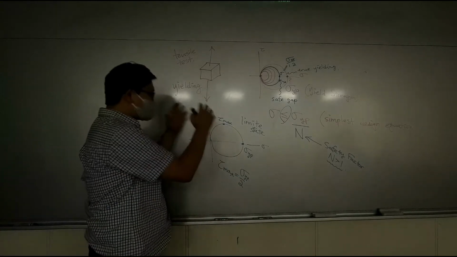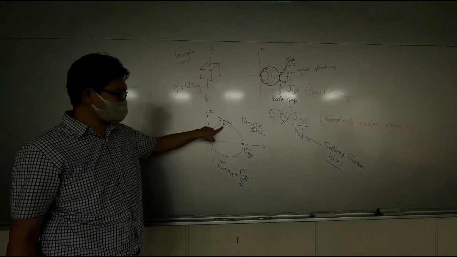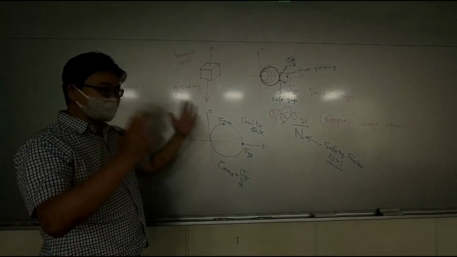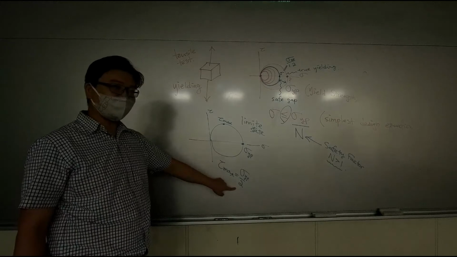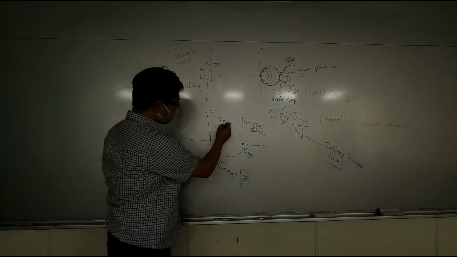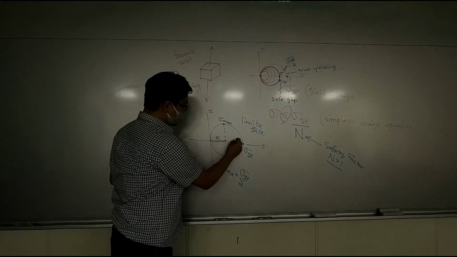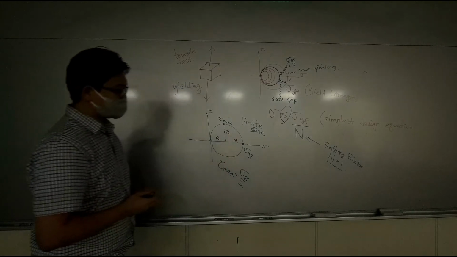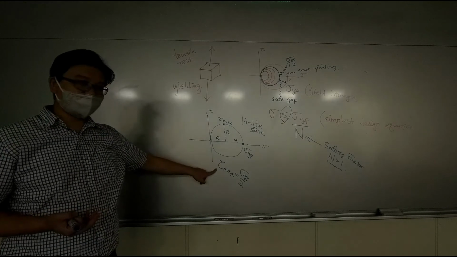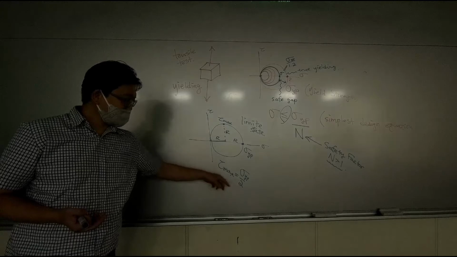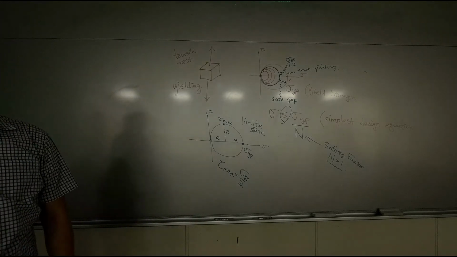And at this extreme case, this is your shear force. So the largest shear force you can handle would be half of sigma yp, because this is radius, and this is also radius, right? So obviously, the maximum shear you can handle has the magnitude of half of yielding point.